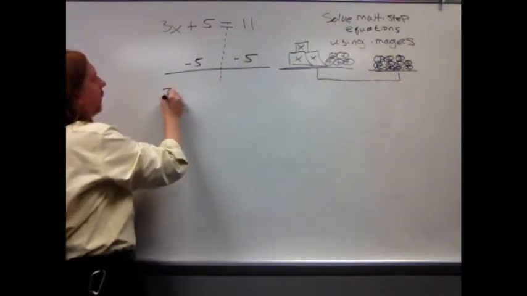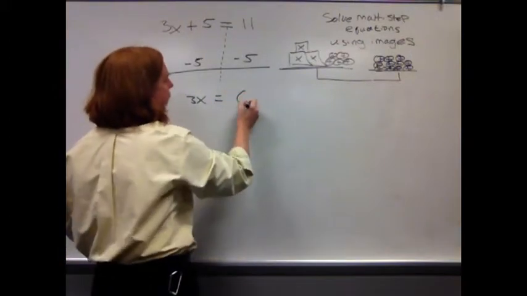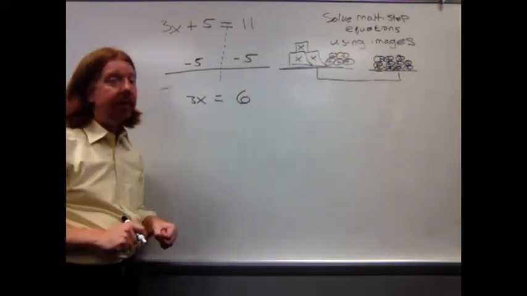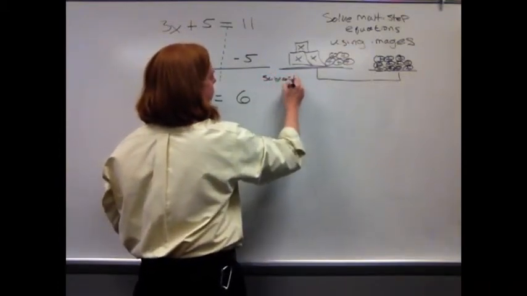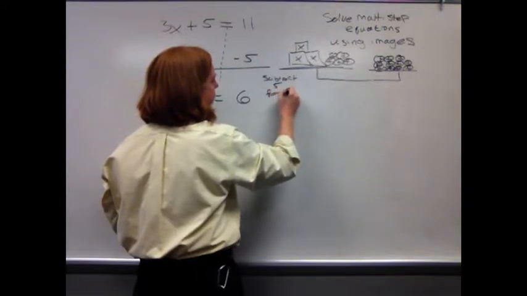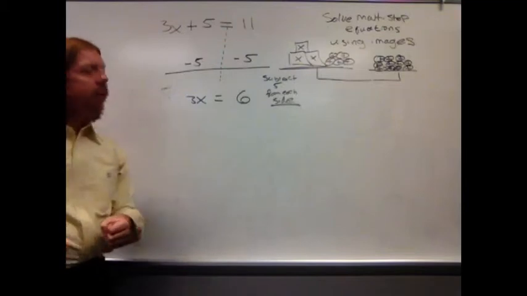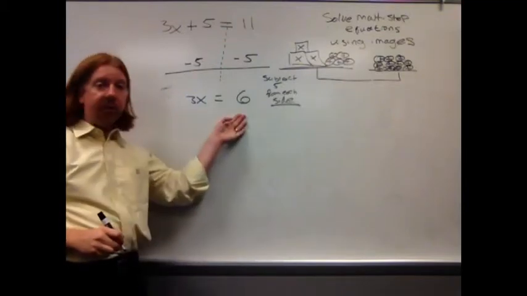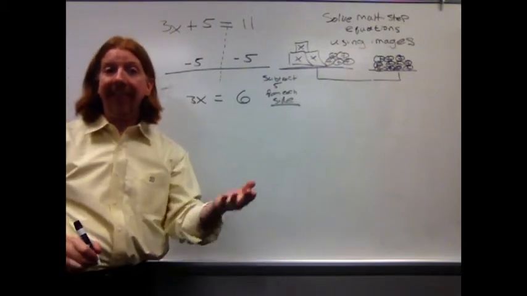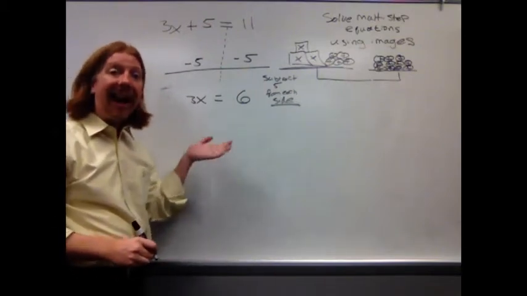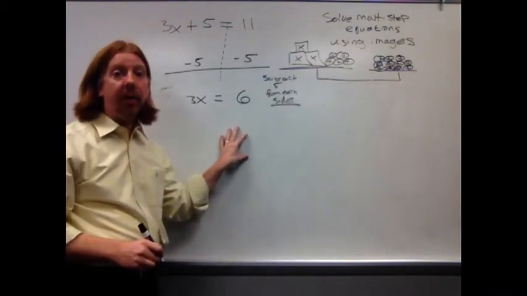This leaves me 3x on the left side and 6 on the right. What did I do to get to this? I subtracted 5 from each side. Now I want to draw a sketch of this current equation. Because remember, our goal is to continue to use visual aids to see what it is I'm solving. If I haven't got it isolated to x equals a number, I need to draw another picture.